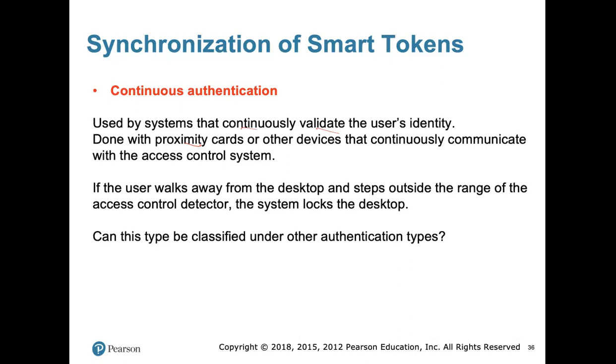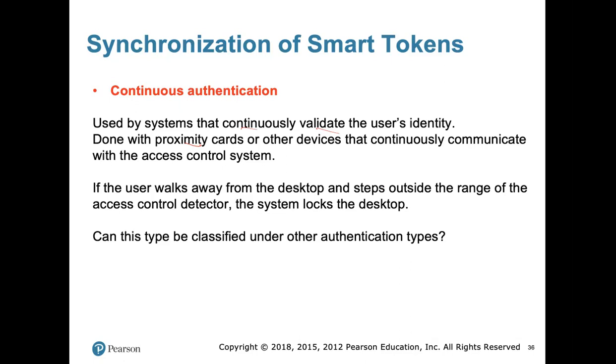The moment you get far from the authentication server and the token gets disconnected or is not accessible by the authentication server, they go out of synchronization, and you need to redo everything.